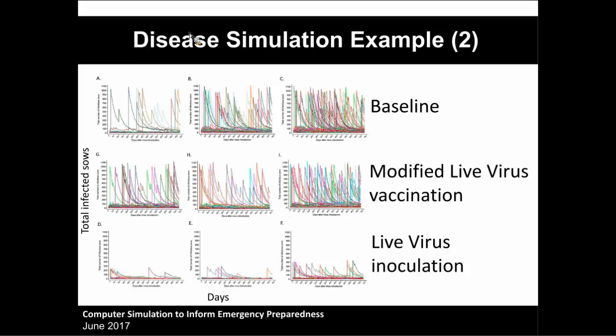So for simulation A, they introduced 1 infected cell in the farm, for B, they introduced 5 infected cells in the farm, and for C, they introduced 10.